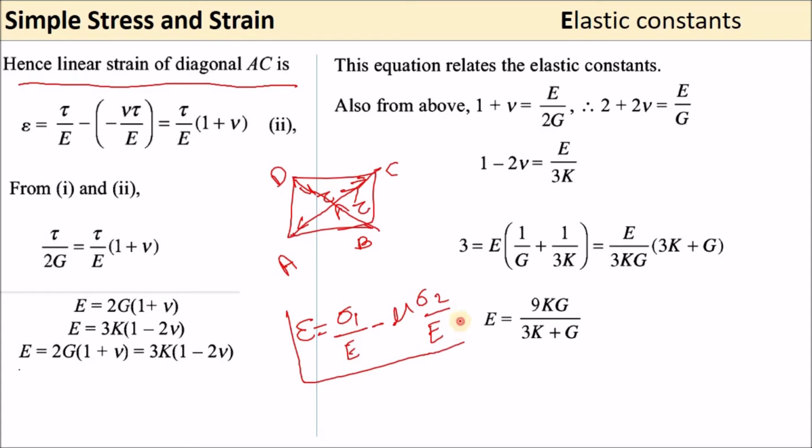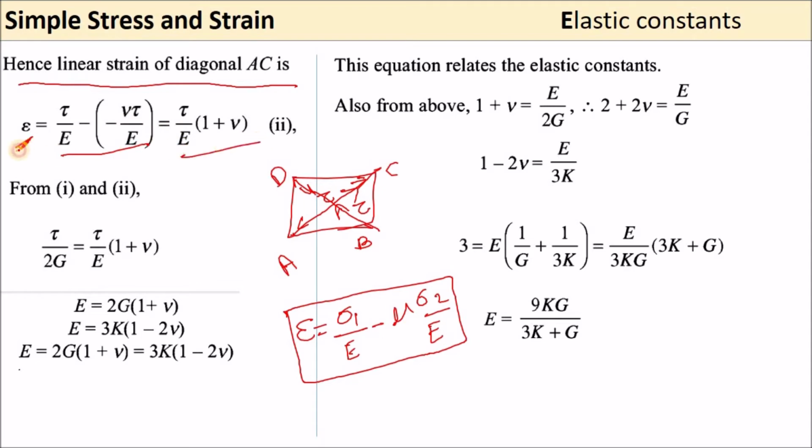We already discussed this during volumetric strain and Poisson's ratio. Same thing here, in place of sigma 1 write tau, in place of sigma 2 write tau. But sigma 2 is compressive, so we write compressive means negative tau.